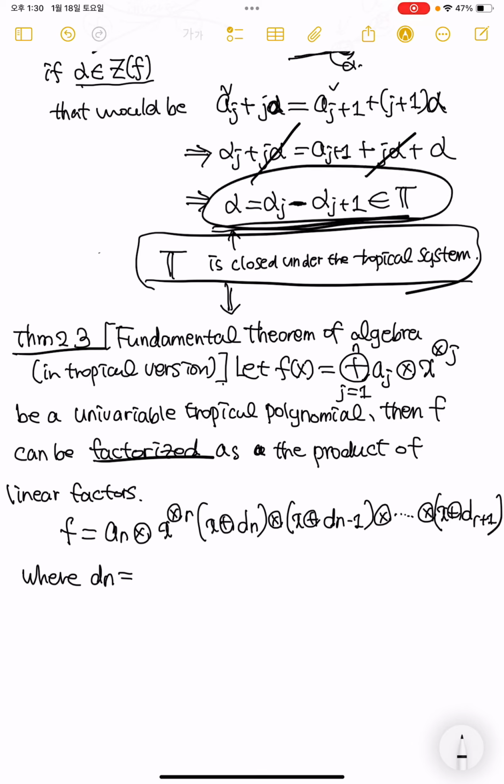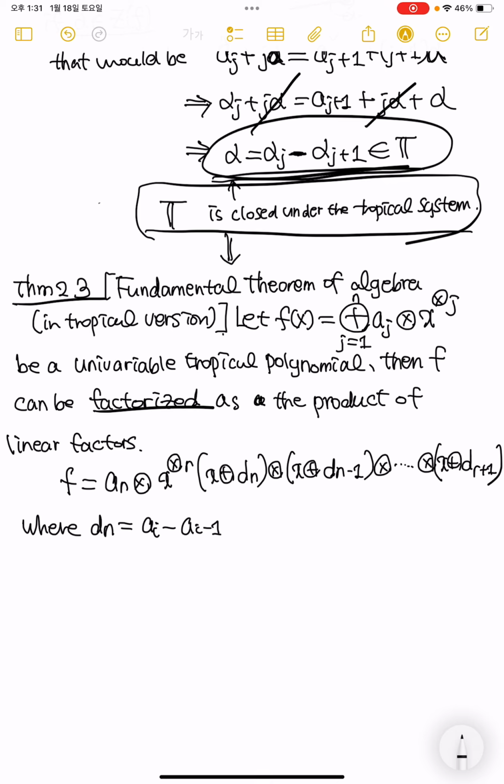Dn is as I explained, this here. So whenever every tropical univariable polynomial is given, that is factorized like this. So it means that the factor does not live outside T, the tropical number system.